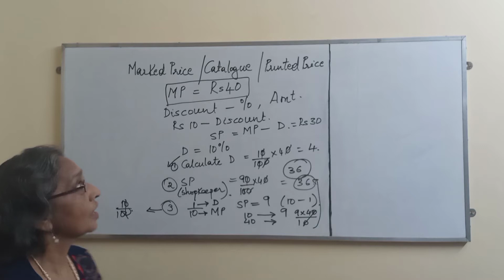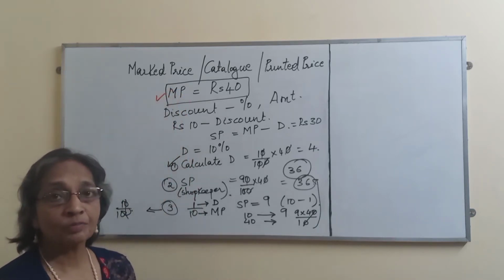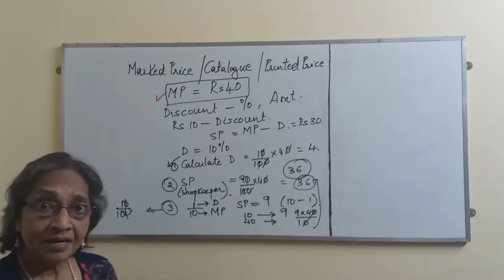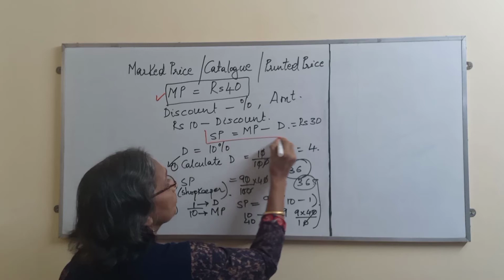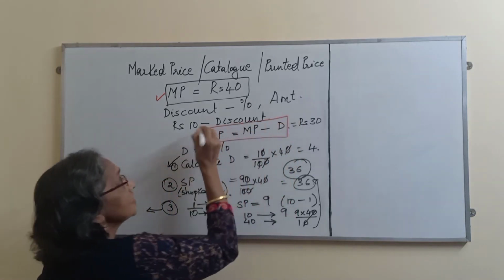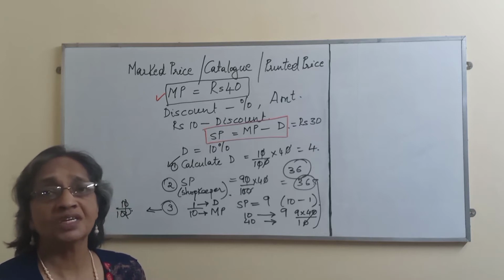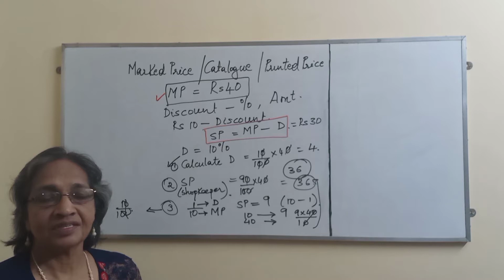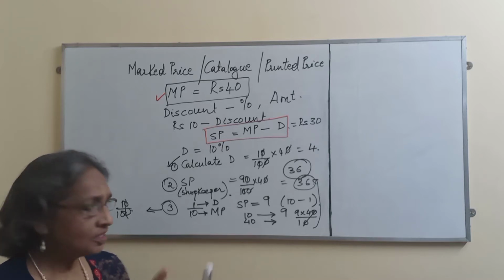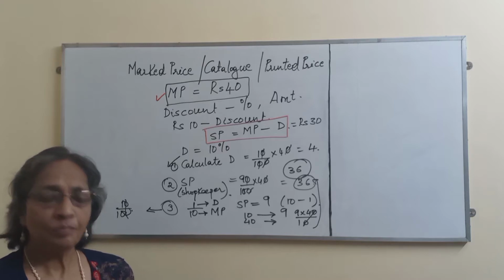Marked price पे होता है. हमेशा, always, on the marked price, and then marked price minus the discount will give you the selling price of the shopkeeper or the person who's giving you the discount. But that will be your cost price. Alright? So this was a brief explanation. Now we'll go ahead with the problems.